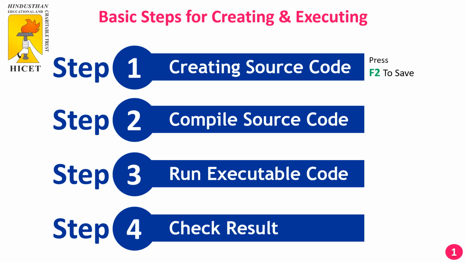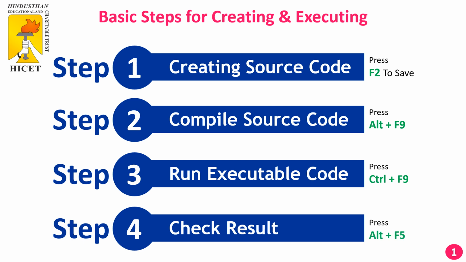To create a source code, you have to open an editor, write the program, and save the code. You have to press F2 on your keyboard to save the code. To compile the code, you have to press Alt plus F9. To run the code, you have to press Ctrl plus F9.